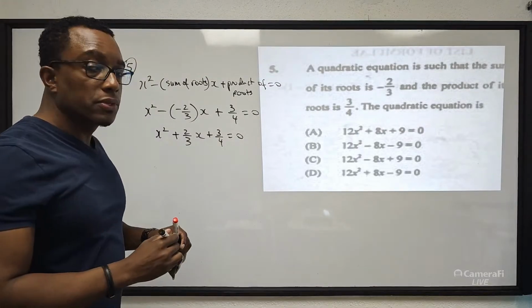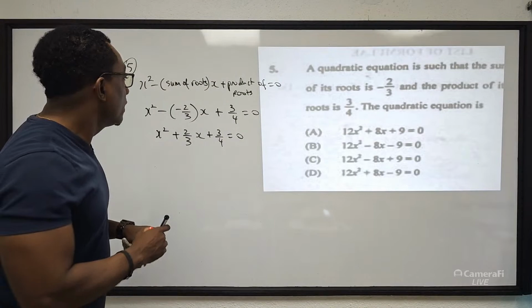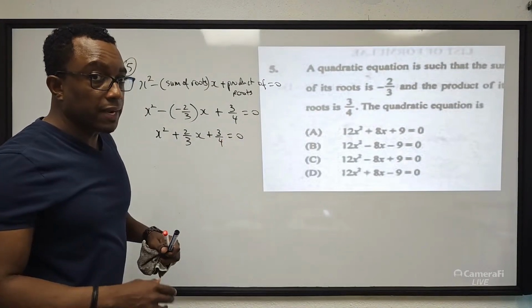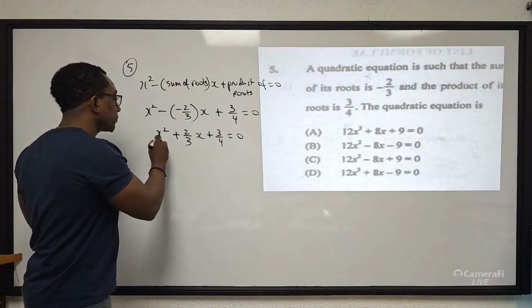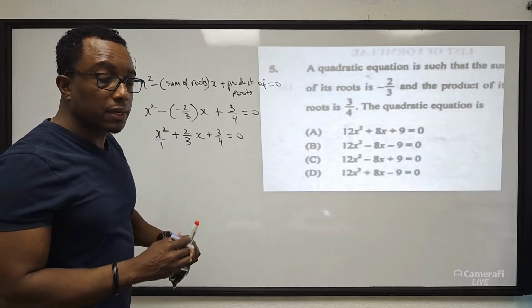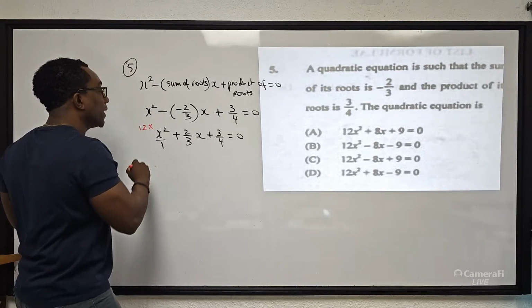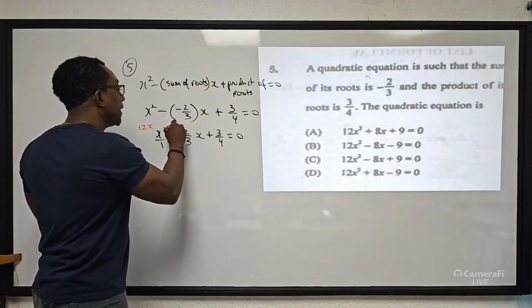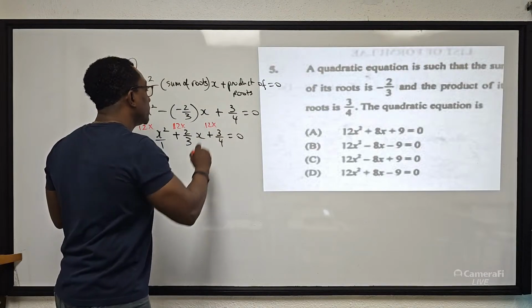What I want to do now is to remove this equation from its fraction, because the options are not in fractional form. So I'm going to put x squared over 1 and find the LCM of all the numbers in the denominator, which is the LCM of 1, 3, and 4, which is 12. Multiply x squared by 12, multiply 2/3 x by 12, multiply 3/4 by 12.